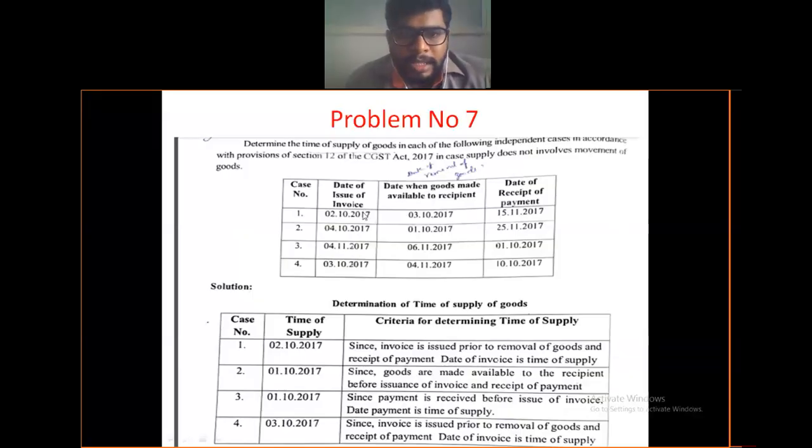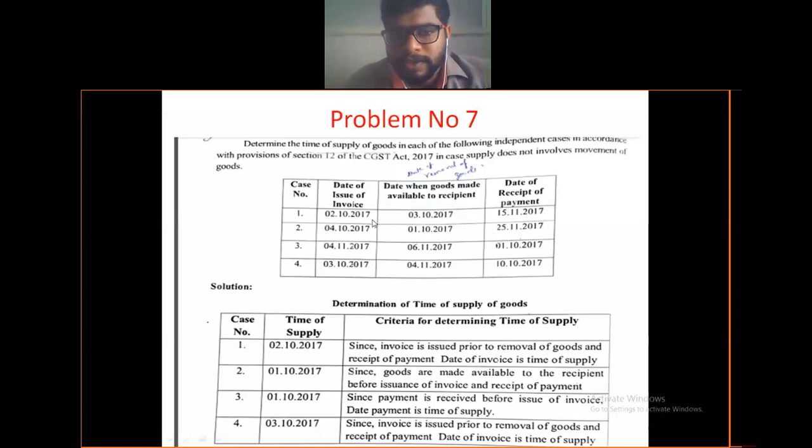Different cases are there. Date of issue of invoice is given, and date when goods made available to recipient, nothing but the date of removal of goods, given in a different manner. Date of receipt of payment: only three pieces of information. You have to compare the three dates and identify the time of supply.